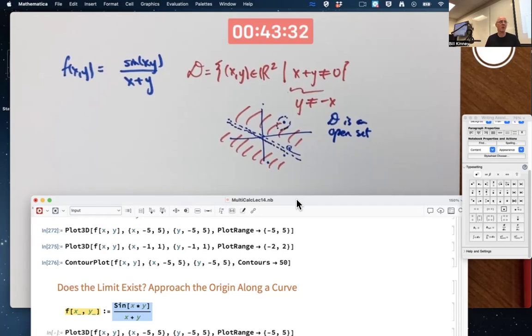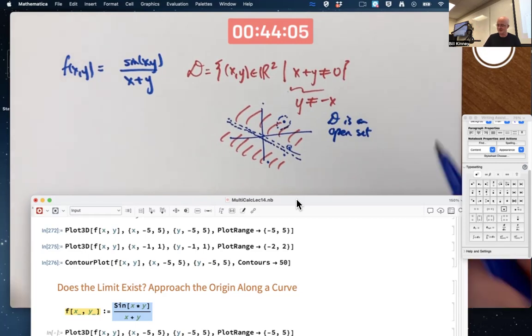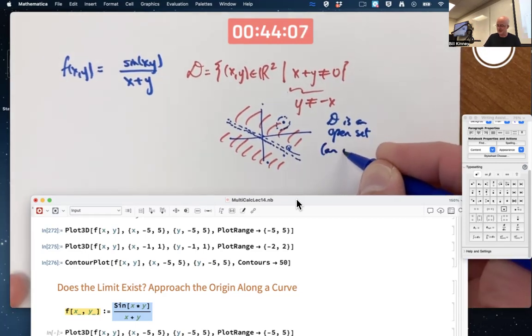This terminology about open sets is going to be important for us, not really so much for this assignment, though it is in the reading. It's also worth pointing out that both of these domains for these last two examples, the last one was everything in the plane except the origin, this one's everything in the plane except the line y equals negative x, both of these domains do go off to infinity, so to speak. We say they're unbounded.